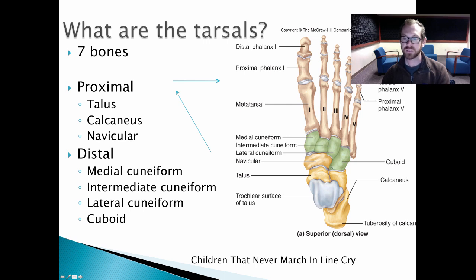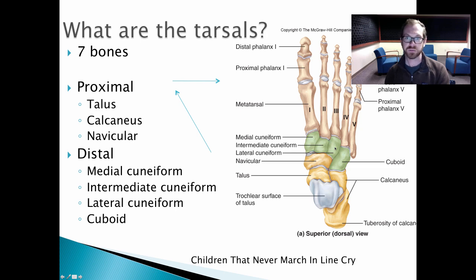And then our final bone, even though this is lateral, this is not the most lateral, we have one more here called the cuboid. It's somewhat cube-like. And this is going to be the last bone here. And so this is cry. To reiterate, children that never march in line cry. So calcaneus, talus, navicular, medial cuneiform, intermediate cuneiform, lateral cuneiform, and then cuboid here.